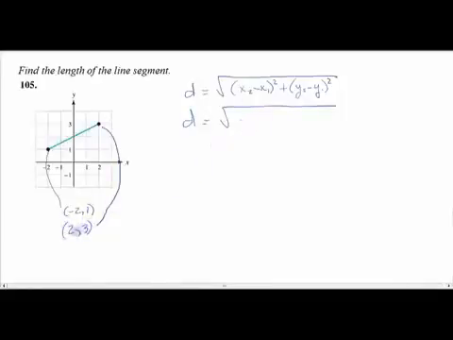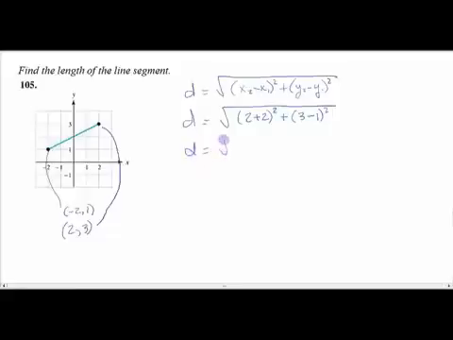So this gives me the x of the second point, which is 2, minus the x of the first point, which is a -2, so it makes it a +2 quantity squared, plus y2, which is 3, minus y1, which is 1, all squared.